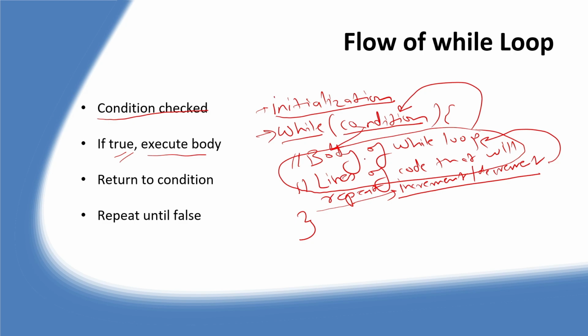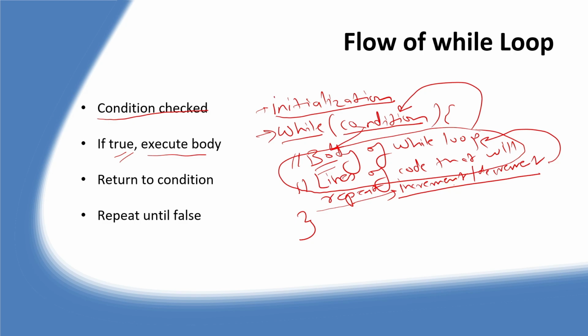But keep in mind one thing, that within the body itself, increment or decrement is happening. So if we are executing body, that means some extra lines of code plus increment or decrement. But it is not necessarily required to have increment or decrement.